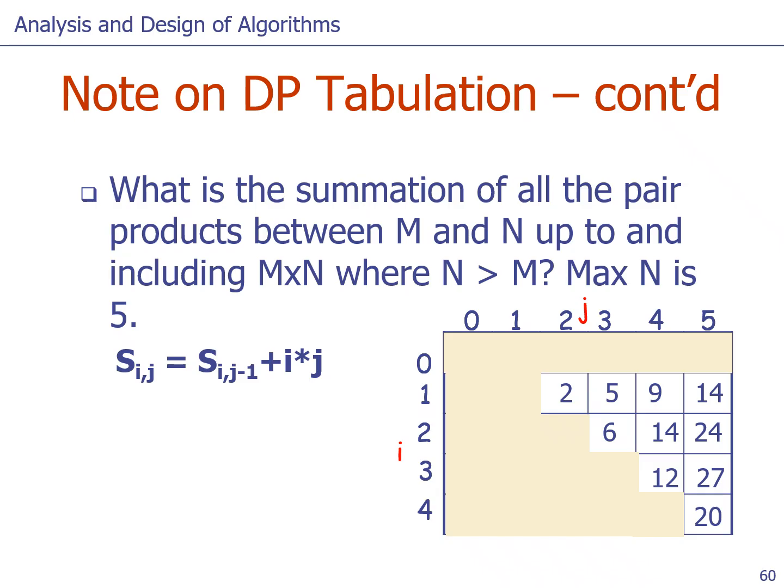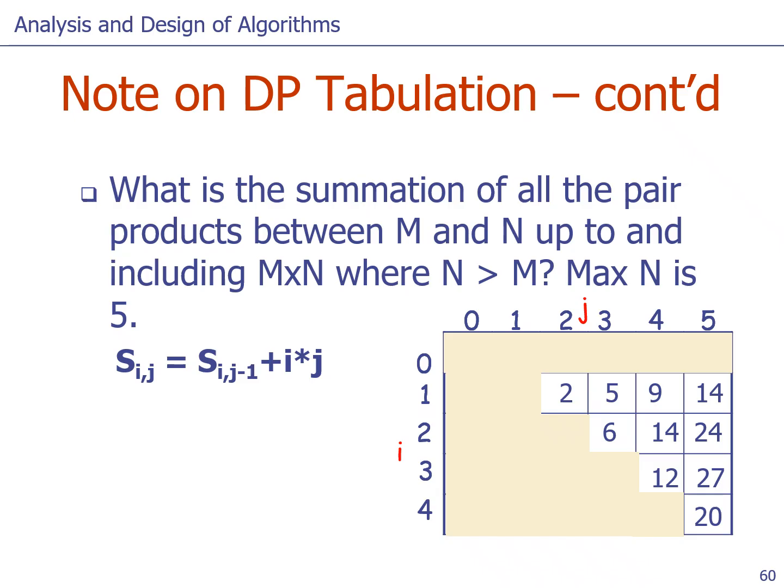Really, the values based on the problem statement start to appear from the number 2, which is the multiplication of 1 by 2, okay? Because the second term, the n, has to be greater than the m. So our first term that this problem is applicable to is 1 by 2. And all the rest are applicable within the area that has values, okay?